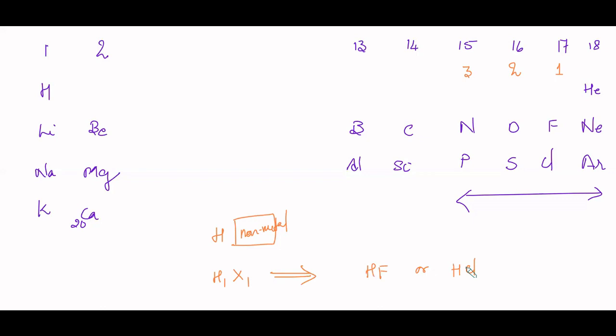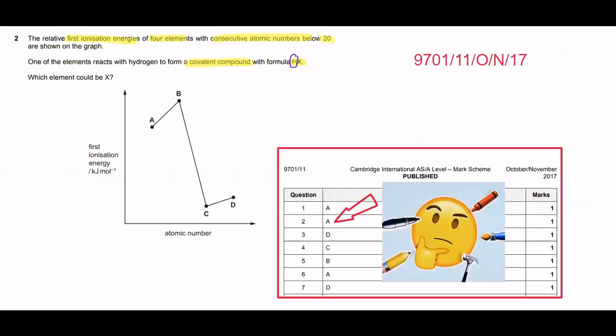So now how will you confirm that it is a halogen itself? For that, we have been given data related to ionization enthalpy. So let's see if that fits. In order to choose from these options, we have to rely on the ionization enthalpy.